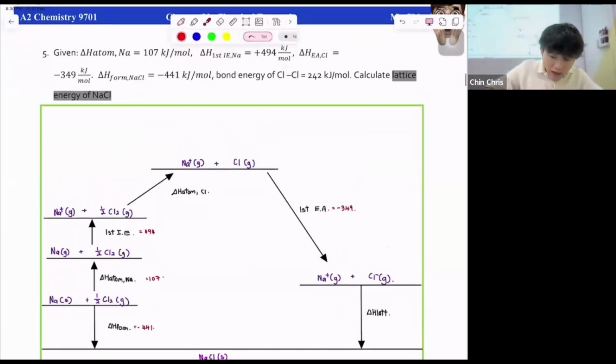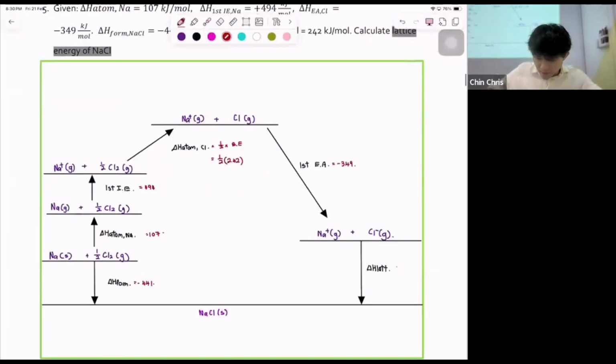Okay, next. Bond energy of Cl. So, guys, how to turn bond energy into atomization? Atomization is half times your bond energy, right? Half times 242. And this is my lattice energy, which is X.